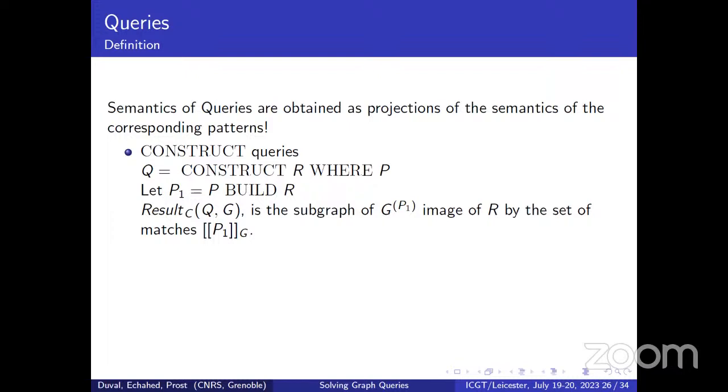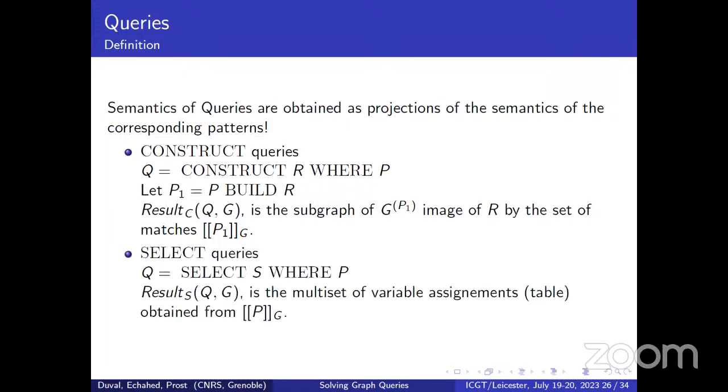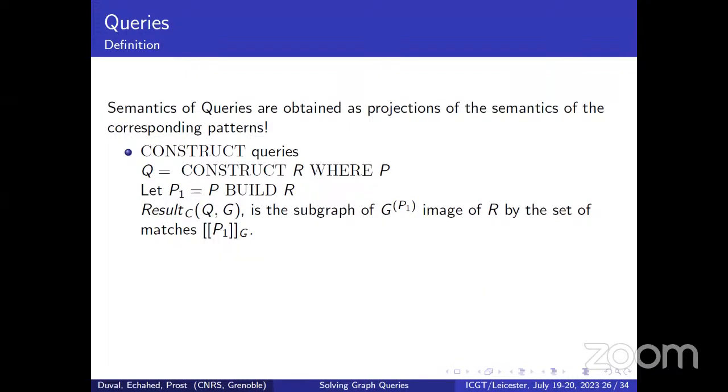So we translate this query into this pattern, saying P build R, and the result of the construct is the image of R, just a projection of R using the different matches that we compute by P.